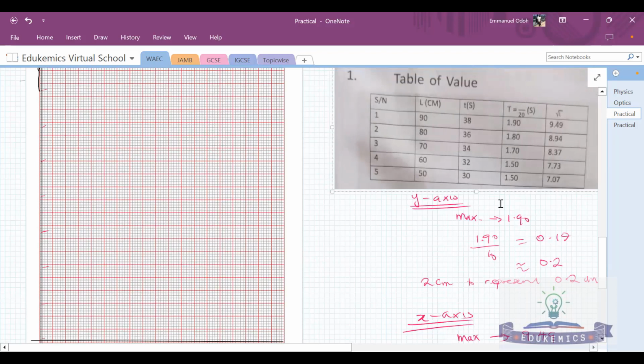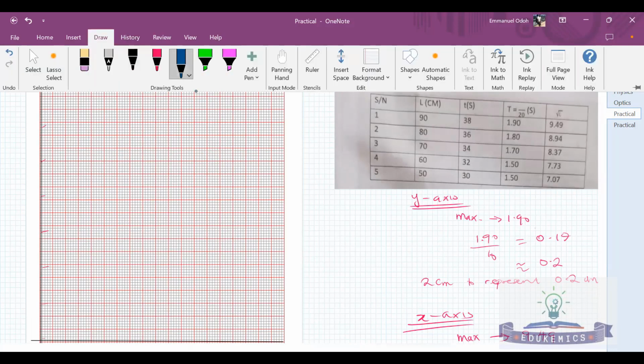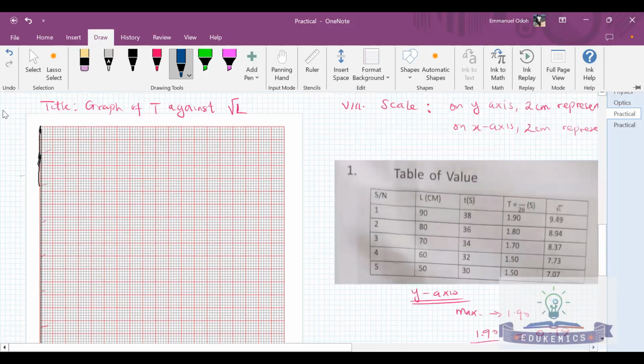So when T is equal to 1.90. So let's label the axis before we pick.